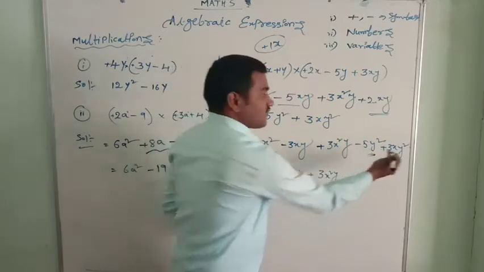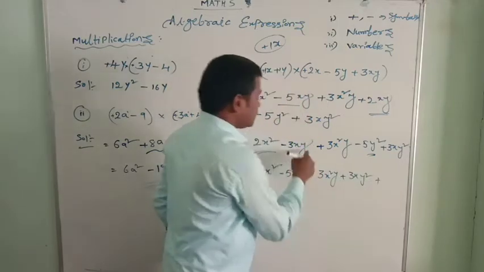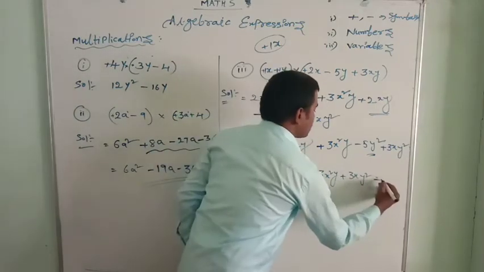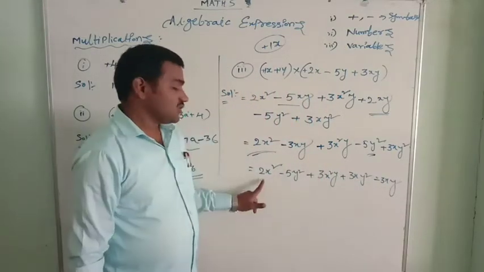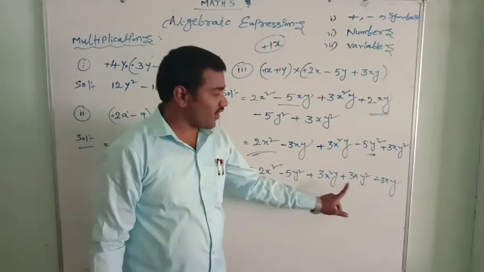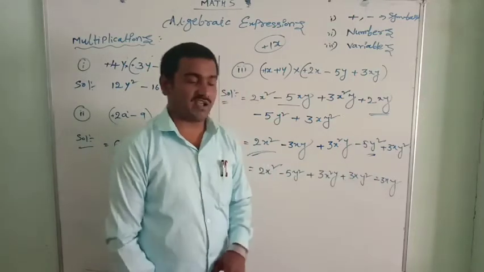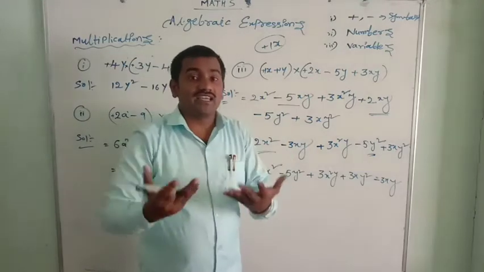Now the xy square term, plus 3xy square. At last minus 3xy. This is the standard form: 2x square minus 5y square plus 3x square y plus 3xy square minus 3xy. Instead of writing like this, you can write in the standard form, where it is very easy to read.